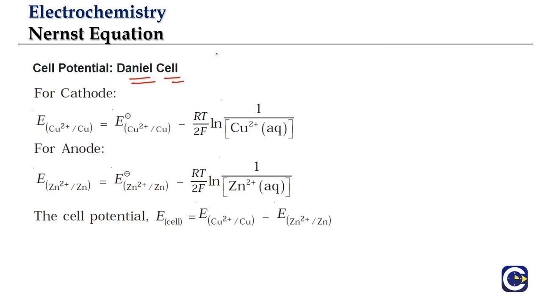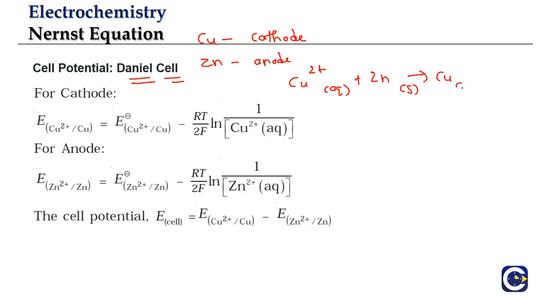We remember that the Daniell cell will have the copper electrode as the cathode and the zinc electrode as the anode. So the overall cell reaction will be that the copper 2 plus ions in aqueous state will combine with zinc solid to produce copper solid.